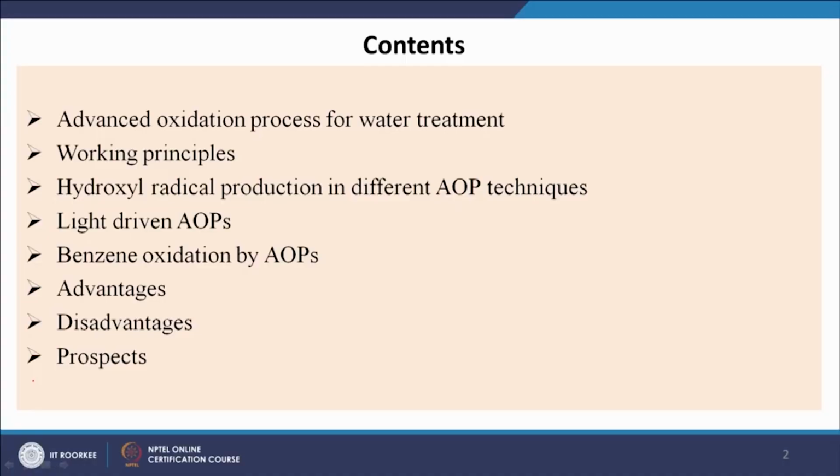Here we will discuss advanced oxidation process for water treatment and then working principles, hydroxyl radical production in different advanced oxidation process techniques, light driven AOPs, benzene oxidation by AOPs, that is one example we will discuss, and advantages, disadvantages and prospects.